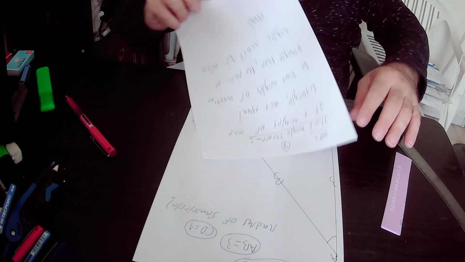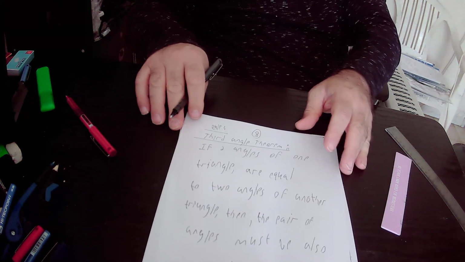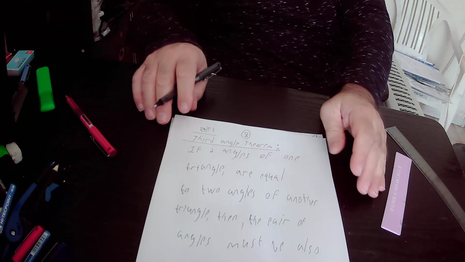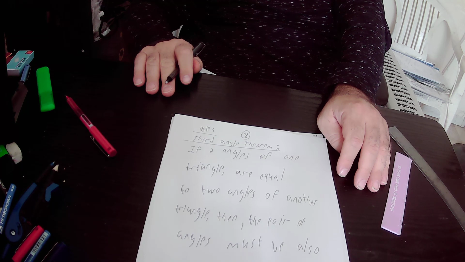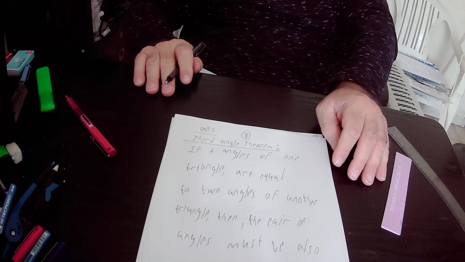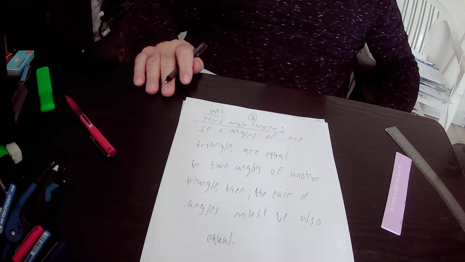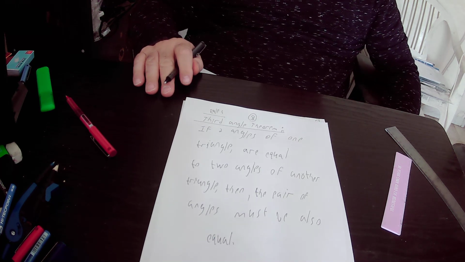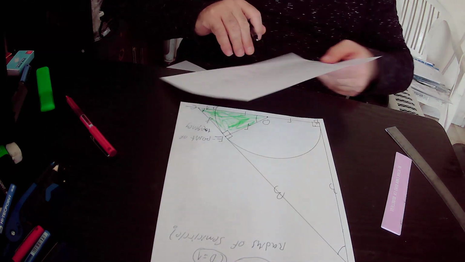According to rule number 3, if two angles of one triangle are equal to two angles of another triangle, then the third pair of angles must also be equal. So what is the meaning of rule number 3, the third angle theorem?